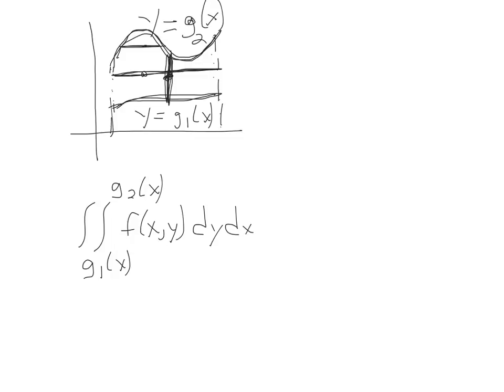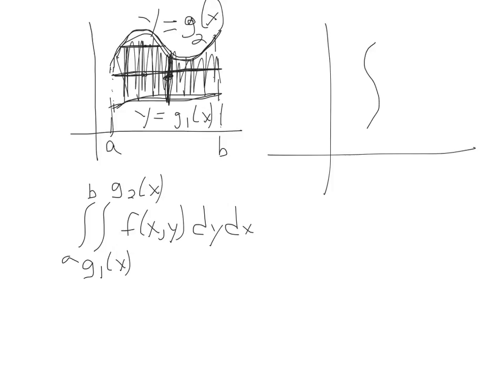And then I would simply need to collect up all such line segments from x equals a to x equals b. And in doing so, I would sweep out this region in its entirety, which is exactly what I want to do. I would integrate with respect to x first and then y if my region looked something like this. Okay, now that you already should know because we've spent enough time discussing double integrals.